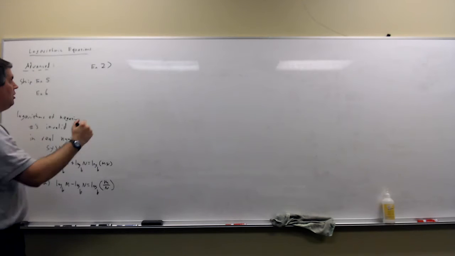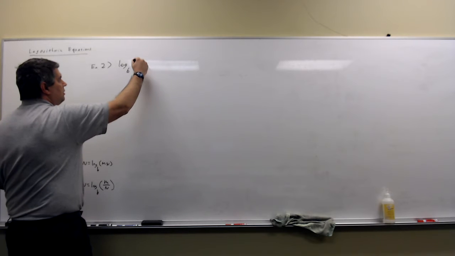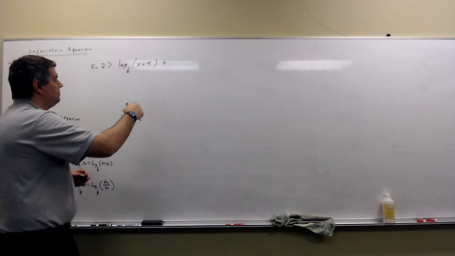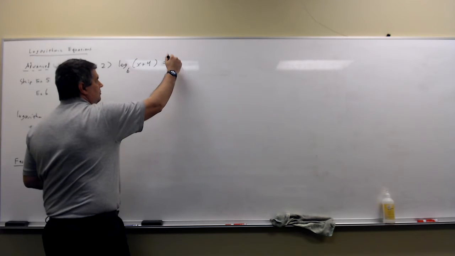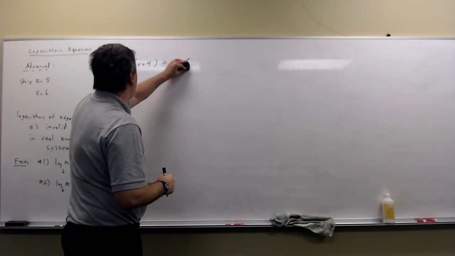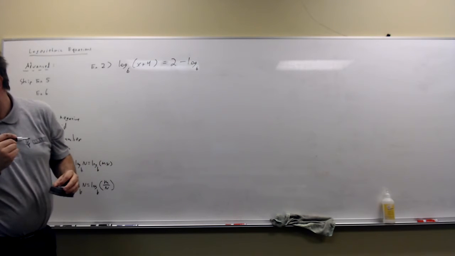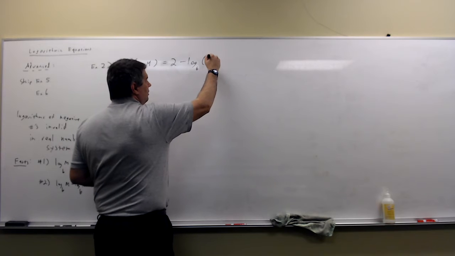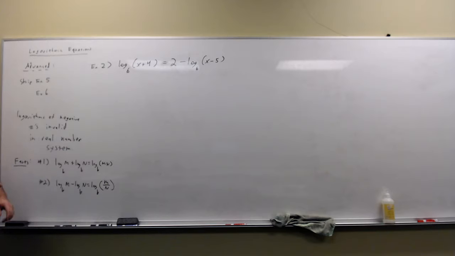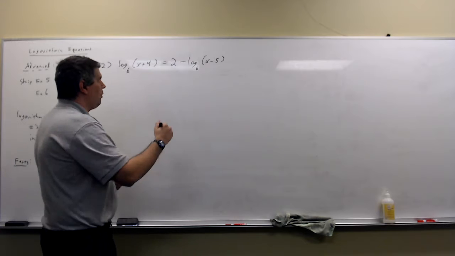I have log base 6 of x plus 4 equals log base 6, sorry, let me. I'm having trouble remembering my own work as I copy it. Minus log base 6 of x minus 5. Okay, what we're going to have to do is, if we've got logarithms on both sides, we need to bring them to one side.